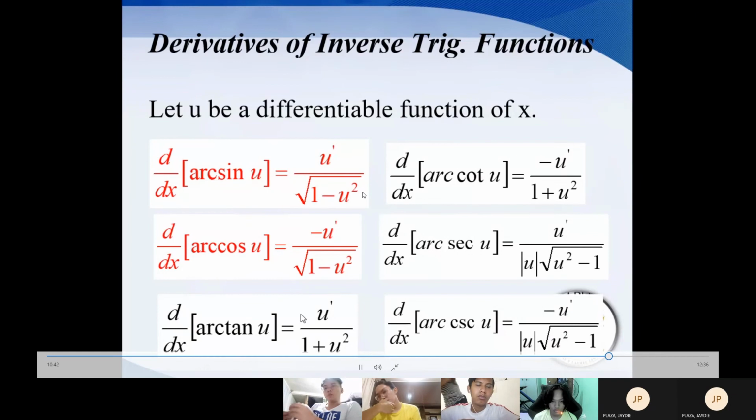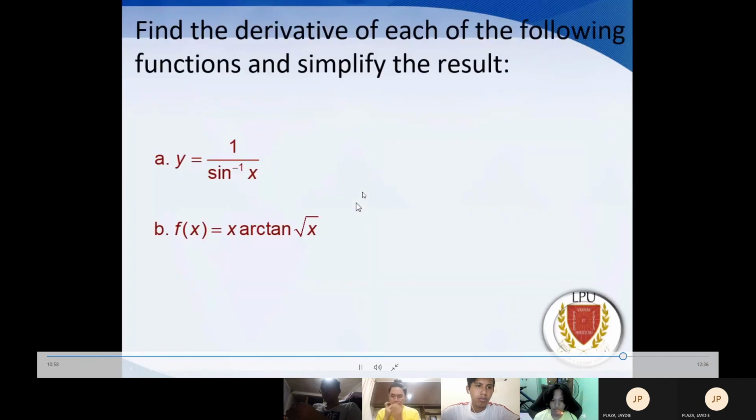Everything would be direct substitution. If you have the value of your u as a function of x, just take its derivative and have it on the numerator and directly substitute square root of 1 minus whatever the function here is, and then simplify.